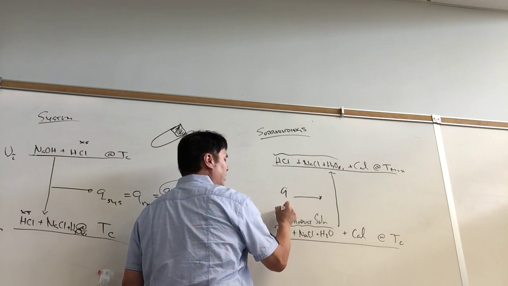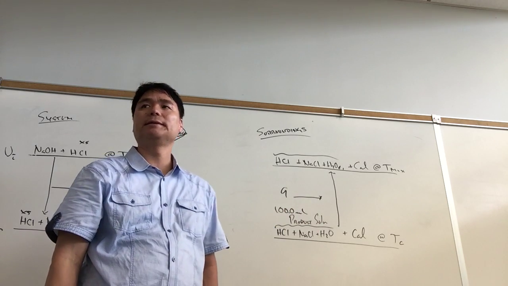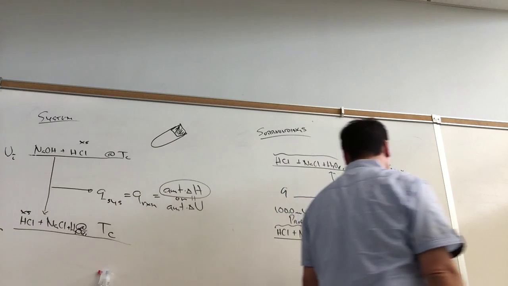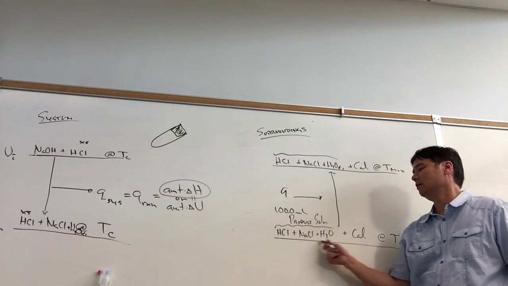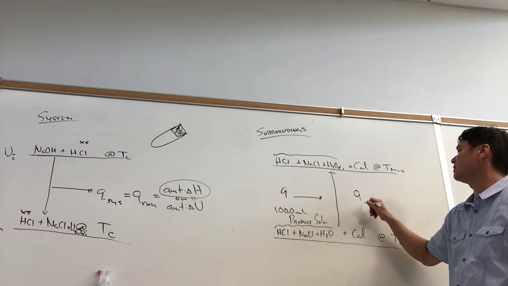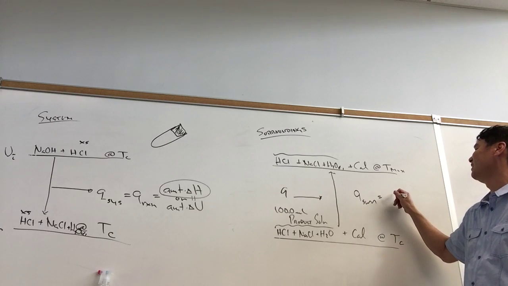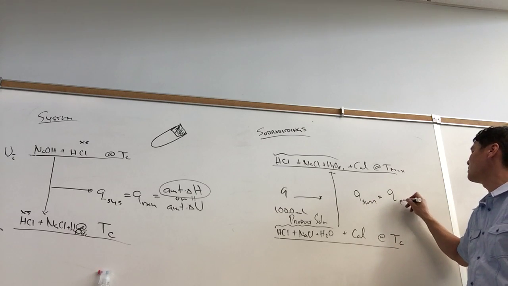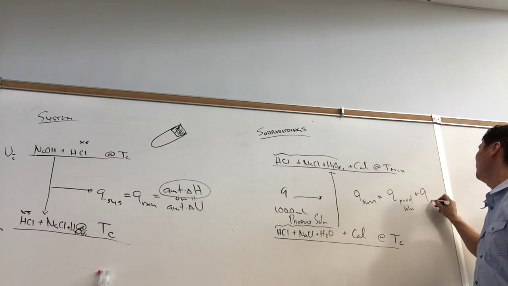So what do we have? We have 100.0 milliliters of product solution. And we're going to take this as one mixture here, and that is Q of the surroundings is going to equal Q of the product solution plus Q of the calorimeter.